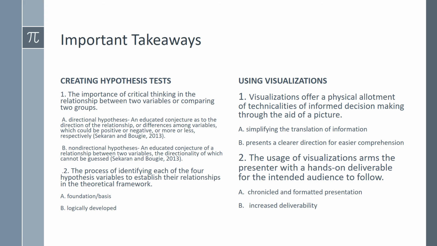Subsections: directional hypotheses, which is an educated conjecture as to the direction of the relationship or differences among variables, which could be positive or negative, or more or less. Second subsection is non-directional hypothesis, which is an educated conjecture of a relationship between two variables, the directionality of which cannot be guessed.